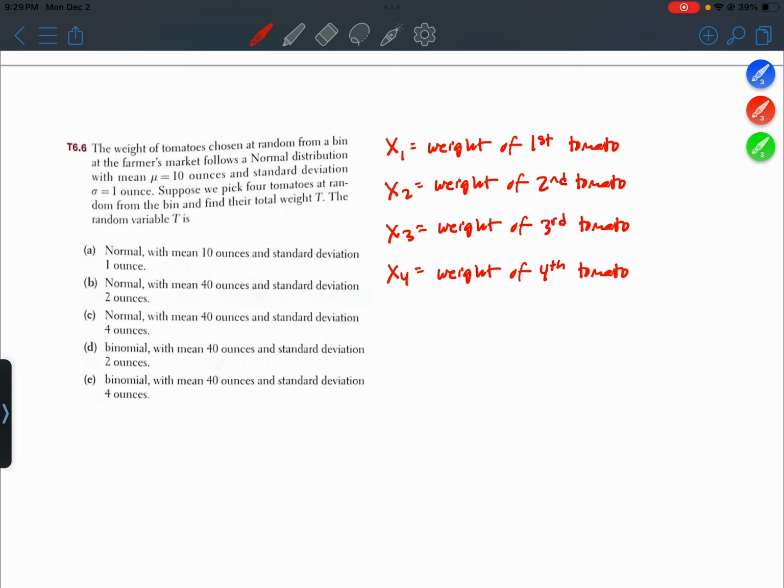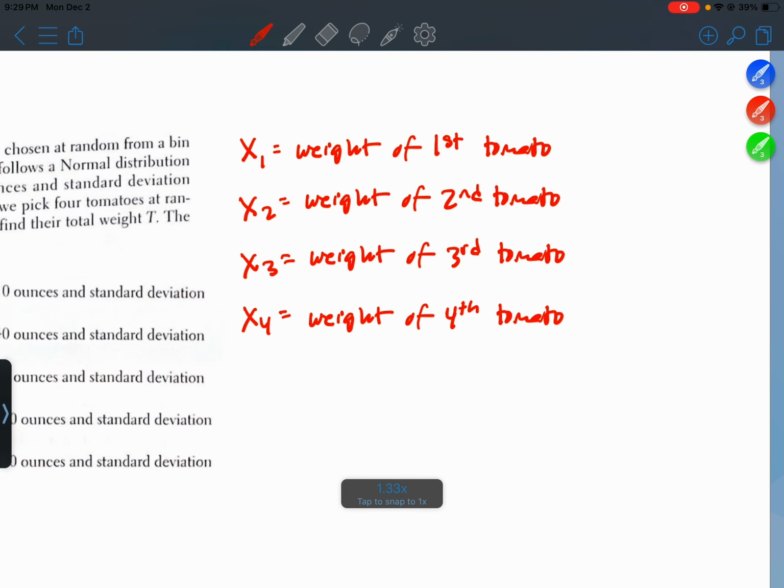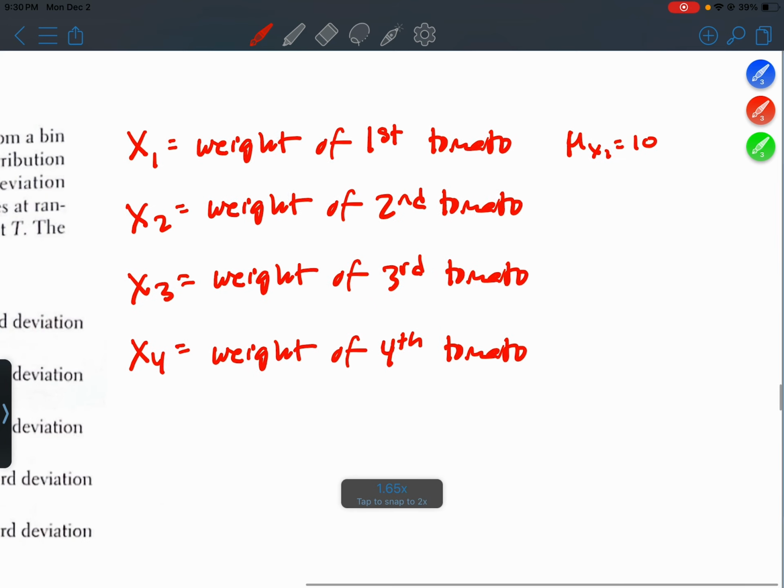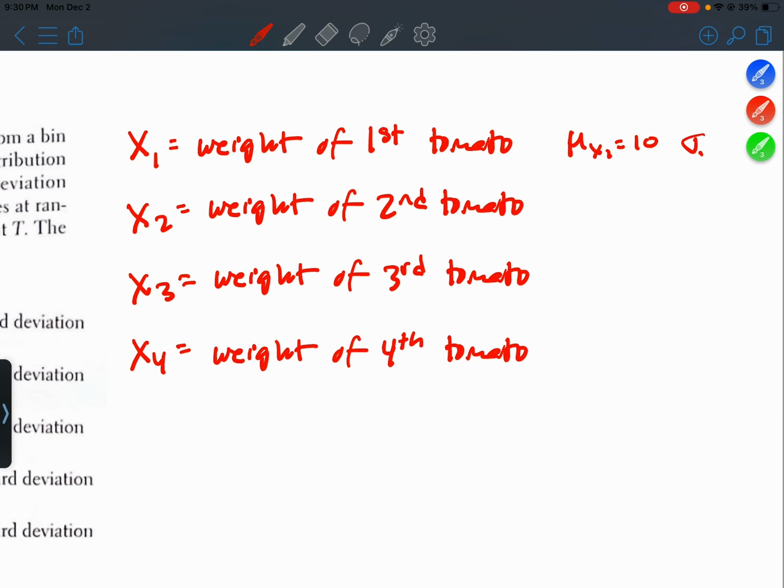Okay. Now, it's going to be true, though, that for each of those random variables, the mean will be 10 ounces and the standard deviation will be 1 ounce. So the mean of X1 will be 10, and the standard deviation of X1 will be 1.